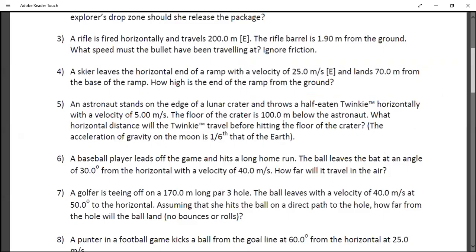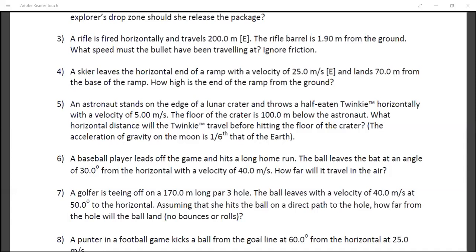Naman. So, can I give the answer for the fourth question? Yeah, tell me. Give me the entire solution. Firstly, we have the velocity, which is 25 meter per second, and we have the horizontal distance or the range, which is 70 meters.